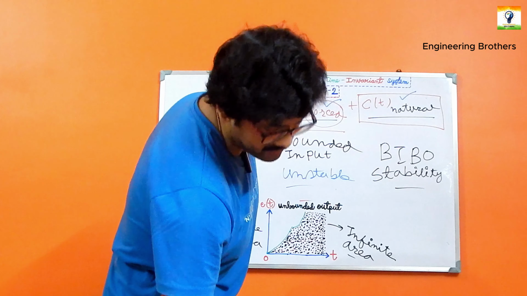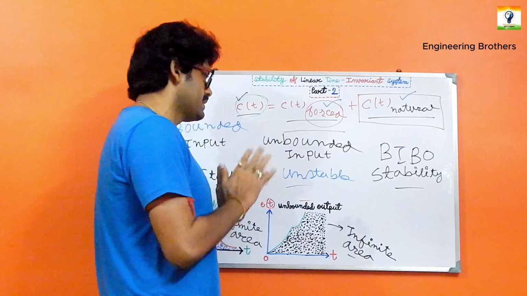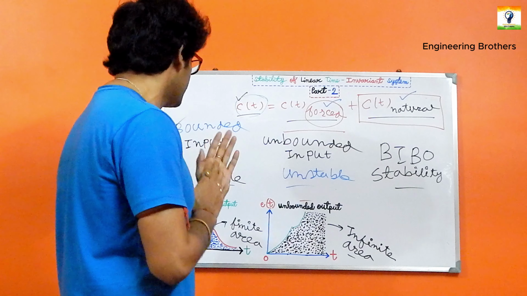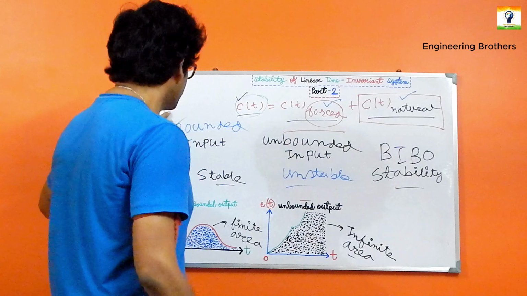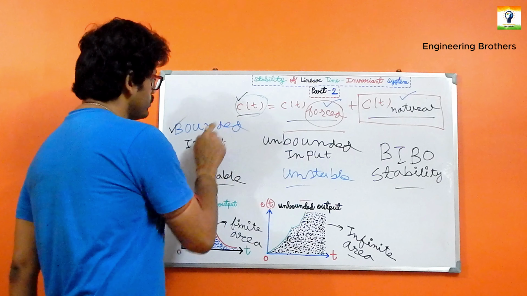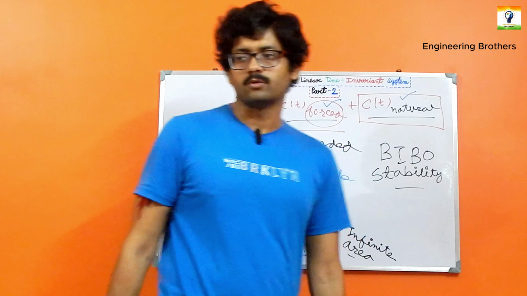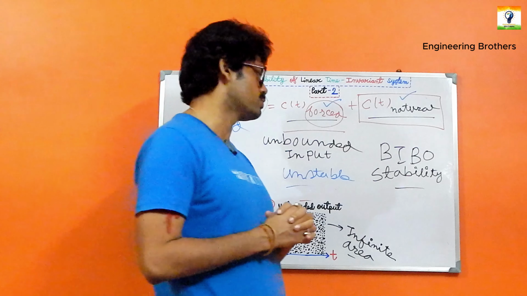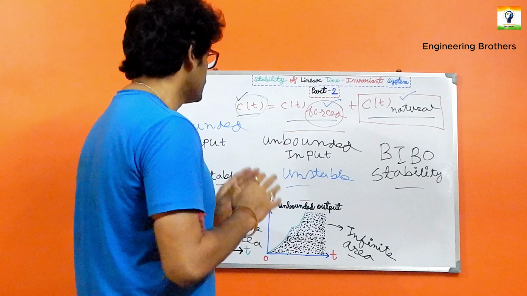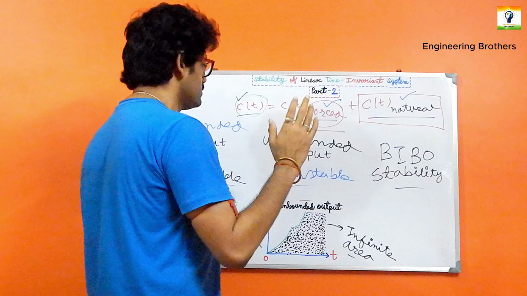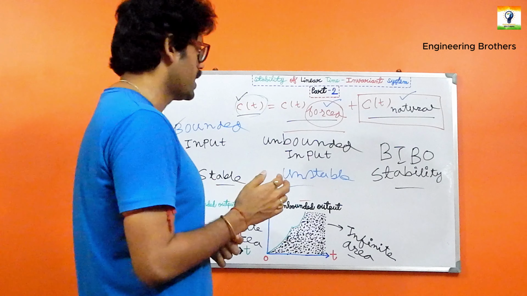These two different cases give us the consideration of our BIBO stability. But in the exception case, we are applying the bounded input, but still we have an infinite area for our output response. Then we cannot say what the stability is for that given system. Why?